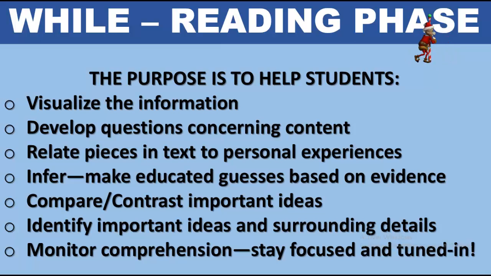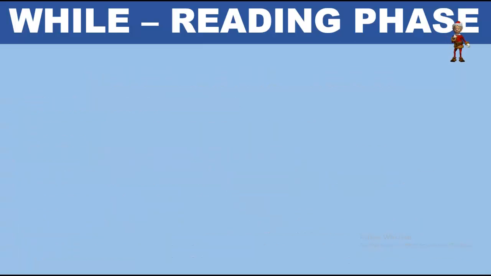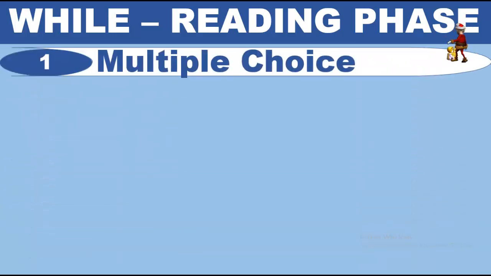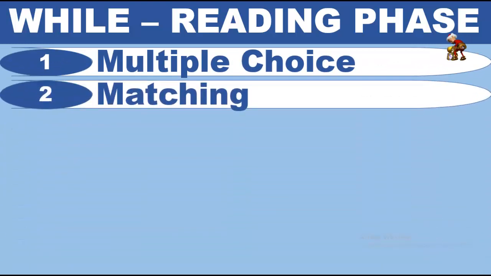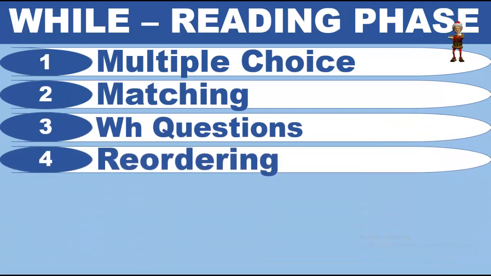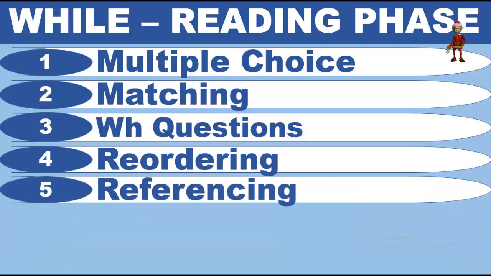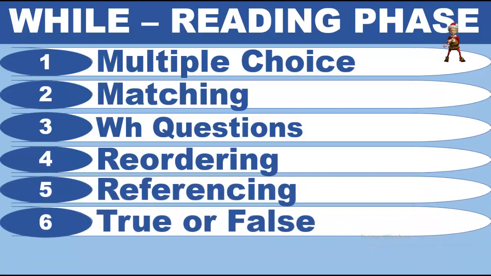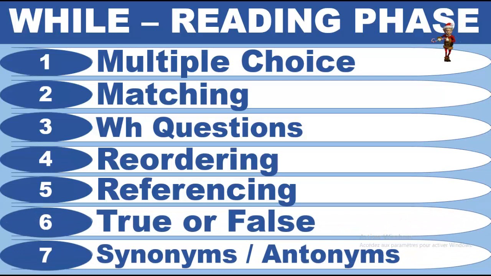So this is what we do in the while reading phase. What are now the activities we can do in the while reading phase? We can have multiple choice questions. We can have matching, WH questions or yes or no questions, reordering ideas, reordering sentences, referencing, true or false questions, and finding synonyms or antonyms of words in the text, among many other activities.